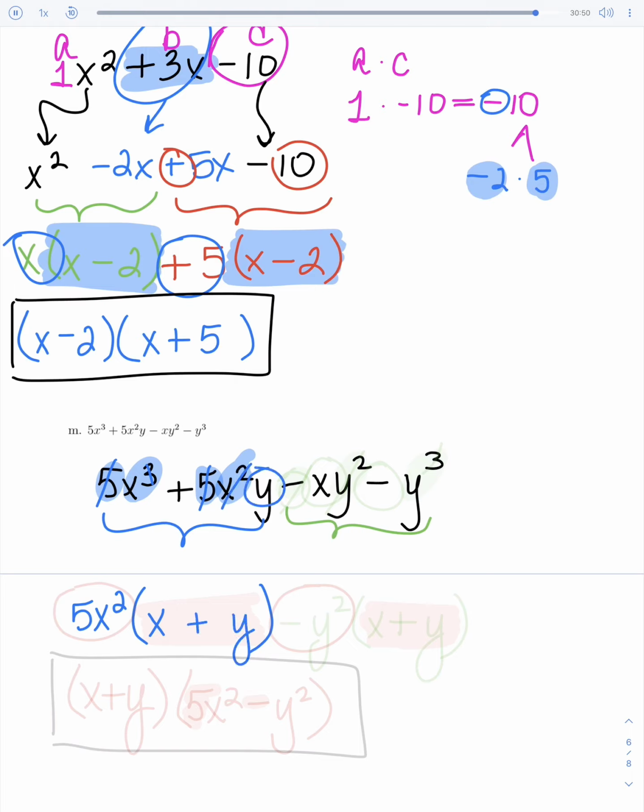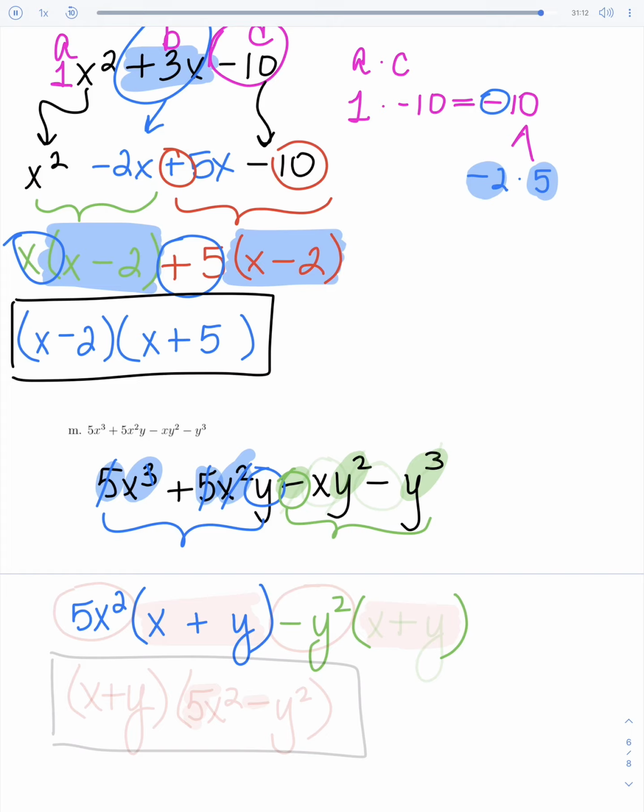Notice I had a plus sign in the middle. Now looking at the last 2, remember the first term has a minus sign here, so I do have to pull out a GCF with a negative sign. Also, we have 2 y's, then 3 y's, so I can pull out at least 2 y's from both and the negative sign.